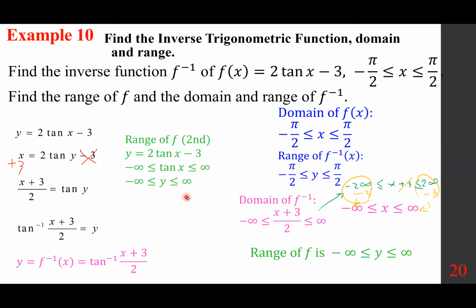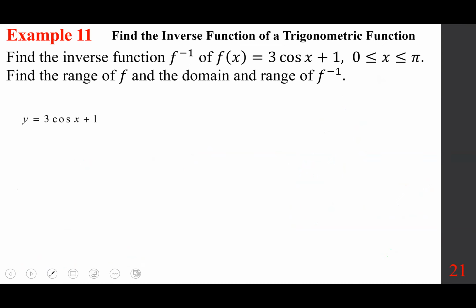Let's look at the last question. We want to find the inverse for this function. And so first things first, we call it y. The very first step is to change the name to y because it makes it easy to work with. The second thing is to interchange x and y. The next thing is to subtract 1.